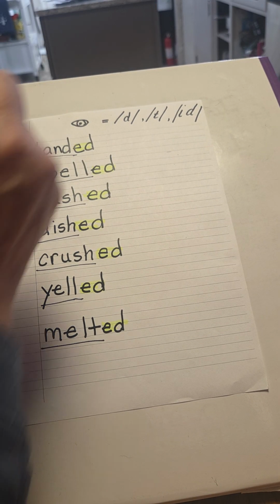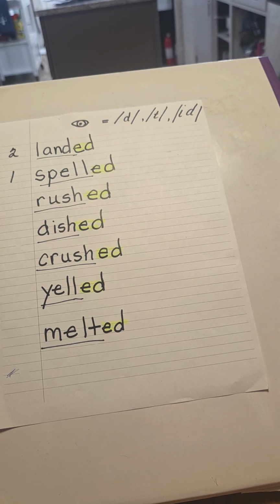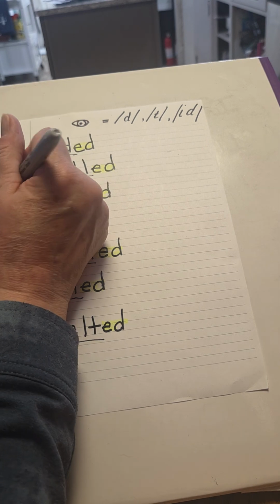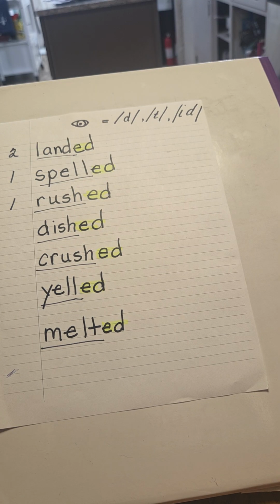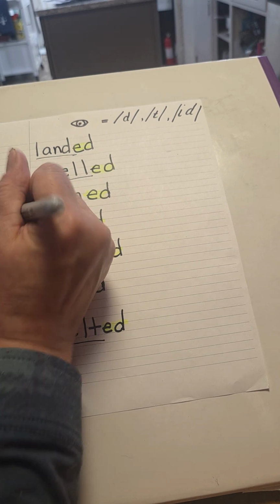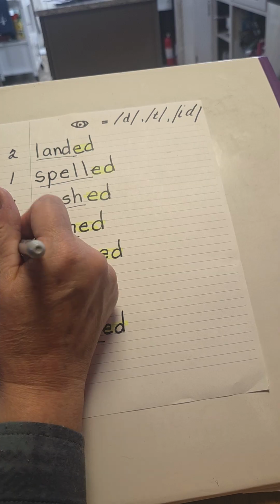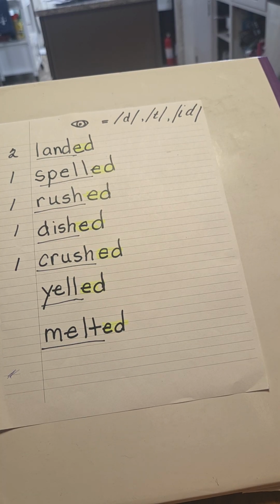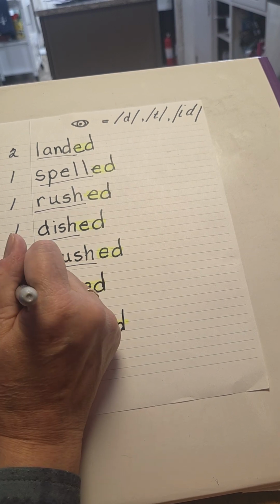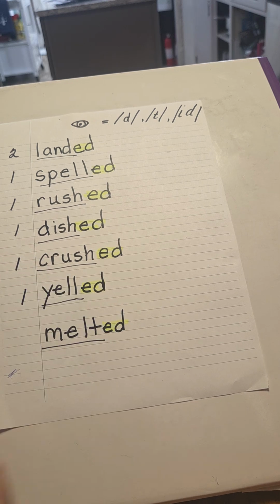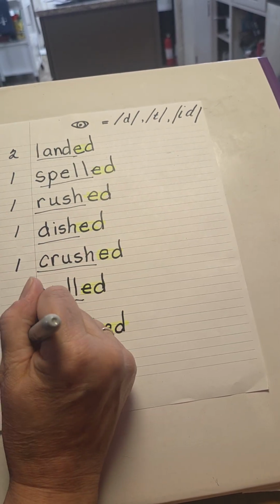Spelled, I hear one. Rushed, I have my hand under my chin, one. Dished, crushed, yelled, one. Melted, melted, I hear two.